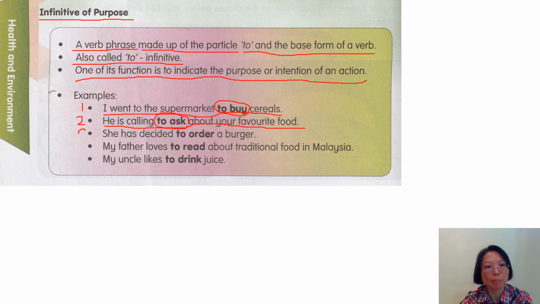Okay, example number 3. She has decided to order a burger. So in this sentence, the girl is telling you that she wanted to order a burger. She's telling you about her action. So the to order here is the infinitive of purpose.